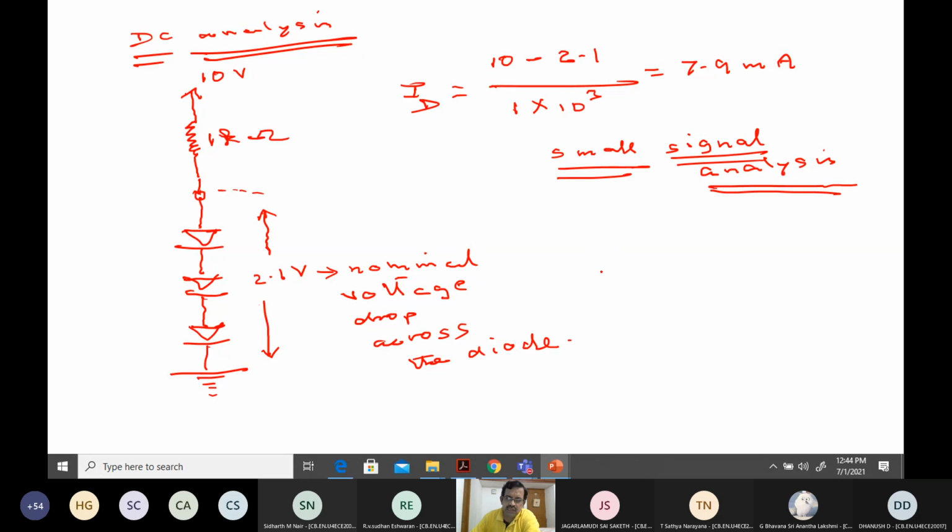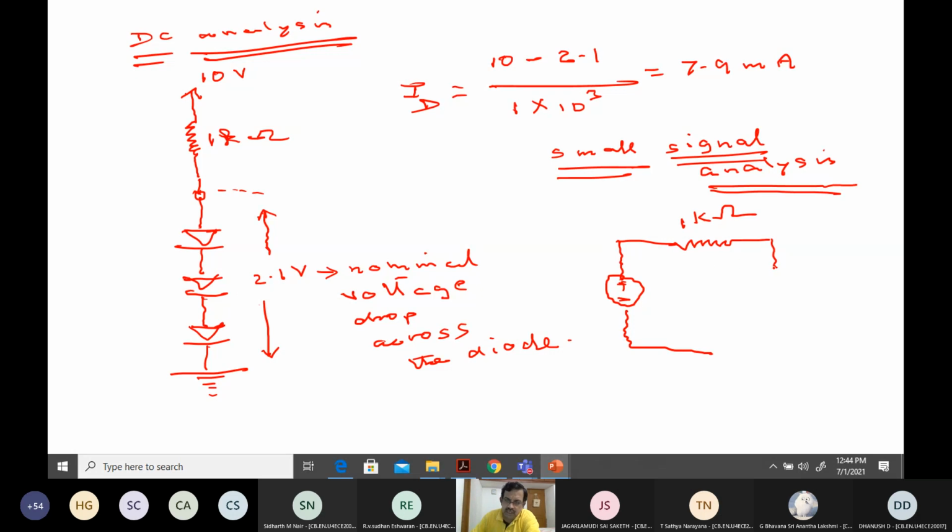For small signal analysis, I need to replace this with the small signal supply here, and this is my series resistor, the current limiting resistor, 1 kilo ohm.